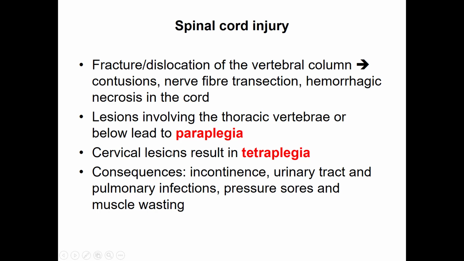It is worth noting that lesions below the C5, cervical 5 segment, are usually compatible with life, whereas lesions at C4 or above are usually causing also impairment of the innervation of the diaphragm and respiratory muscles. Therefore, those are usually lethal. So therefore the C5 level is an important anatomical site regarding the prognosis.